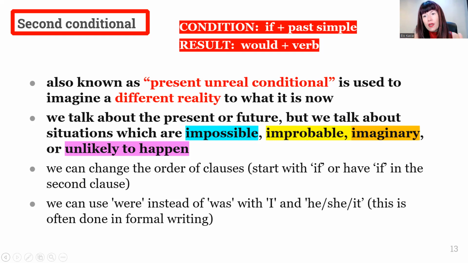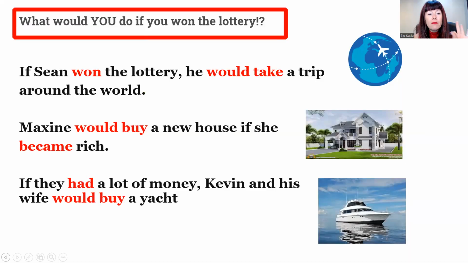Now, as usual with conditional sentences, we can change the order of the 2 parts called clauses. So we can start with if or have if in the second clause. So remember, we had this sentence in the middle: Maxine would buy a new house if she became rich.